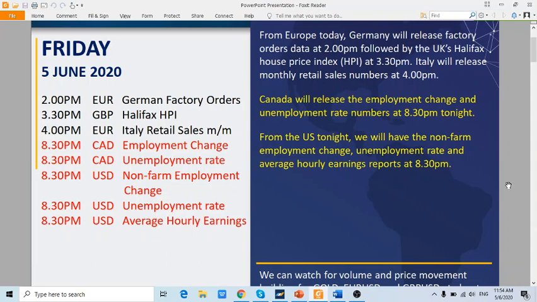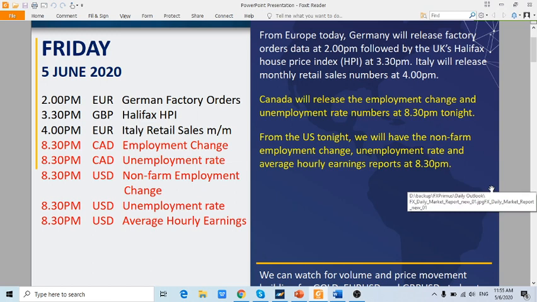For tonight's non-farm employment change, markets are expecting a figure of 8 million jobs being lost, compared to the month of April, where job losses were at a historic high of 20.5 million jobs lost.